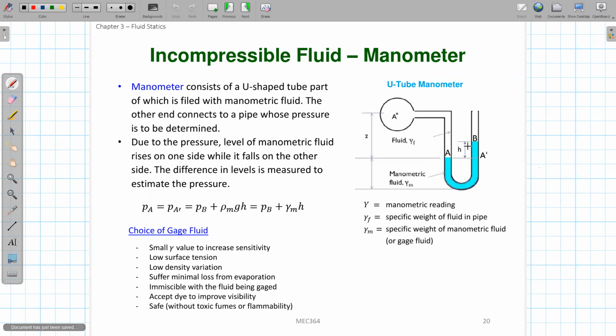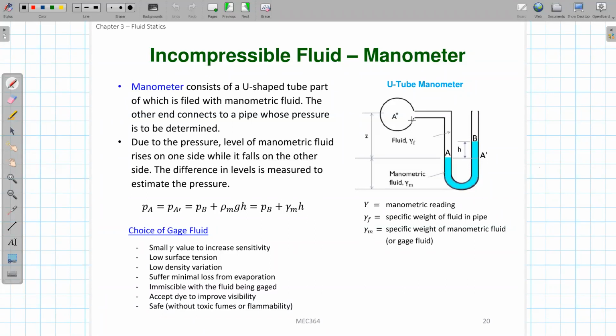So after reading what this h value is, we can immediately measure the pressure of this gas at location A. Just remember that this equation only works if you assume the fluid at point A is a gas.